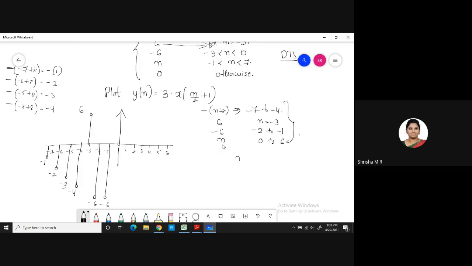If you substitute the value of n as 0, it will be 0 only. At n is equal to 1, it is n, that is 1. Okay. At n is equal to 2, it is 2. At n is equal to 3, it is 3. At n is equal to 4, it is 4.